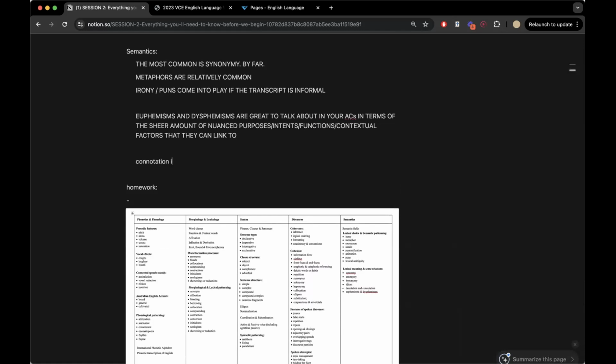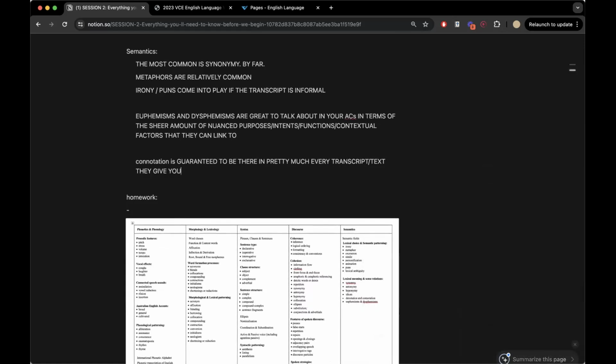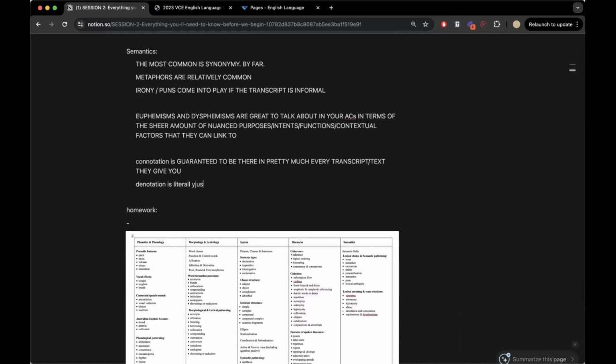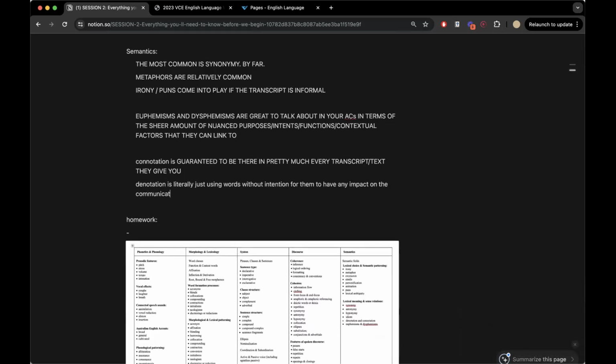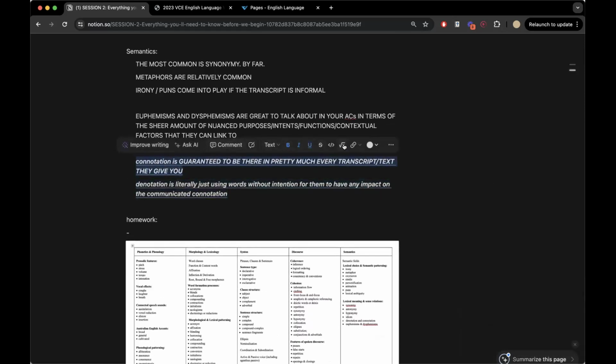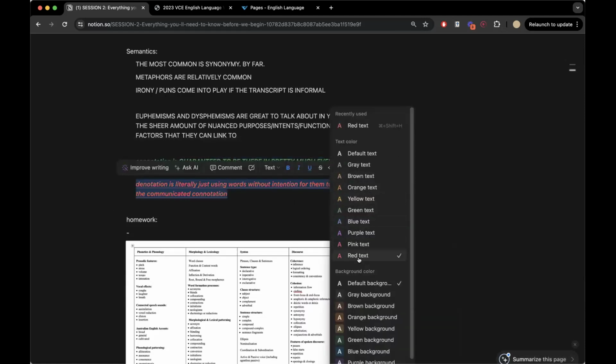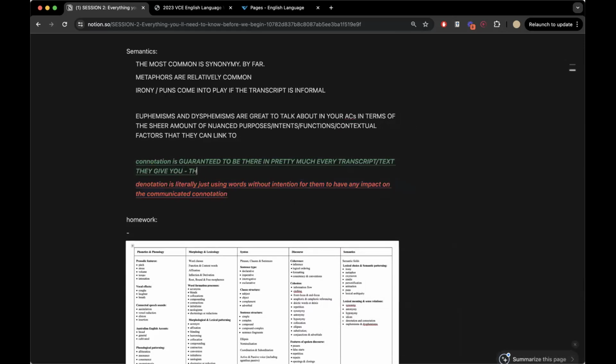So connotation is guaranteed to be there in pretty much every transcript slash text they give you. Denotation is literally just using words without intention for them to have any impact on the communicated connotation. This is really the difference. Connotation is very high yield, and I'd actually say you have to mention it in every AC at some point, right? It's a must mention. Denotation, not so much.